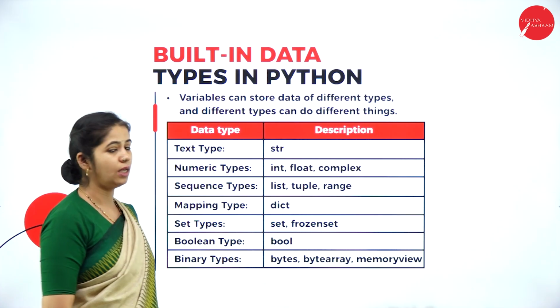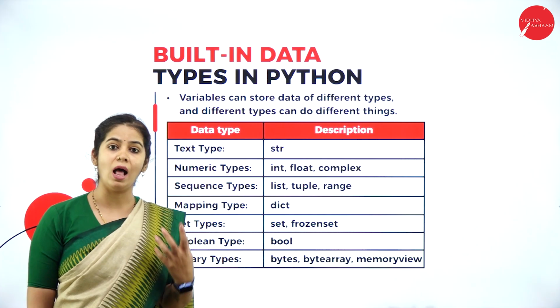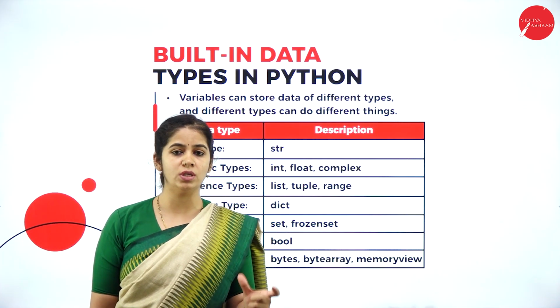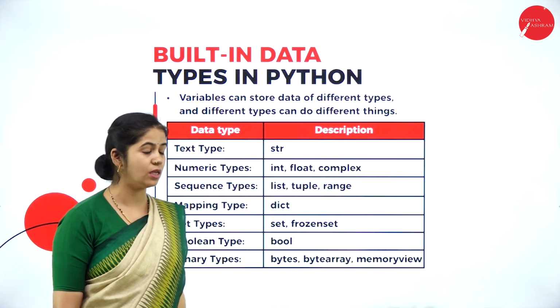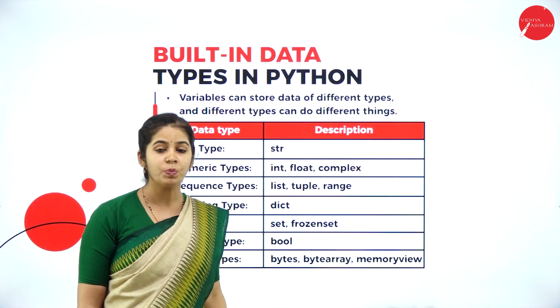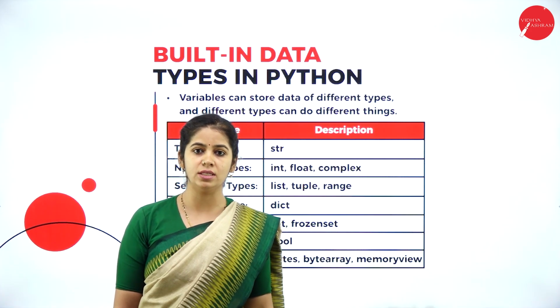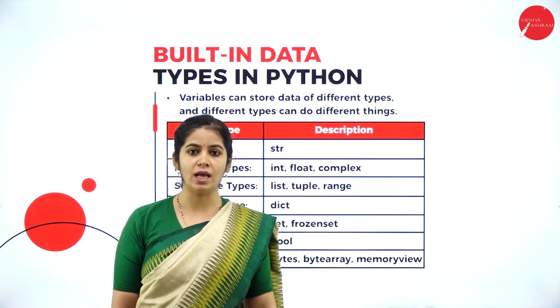The first data type we have is the text type. Text is nothing but alphabetical characters, right? Text is formed using your alphabets, and that is called a combination of characters, a string. So the text data type is the string data type. Make a note on this, you don't have a single character as a data type here. A character cannot be considered as a data type.